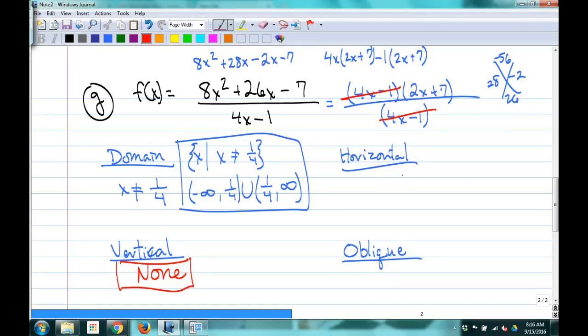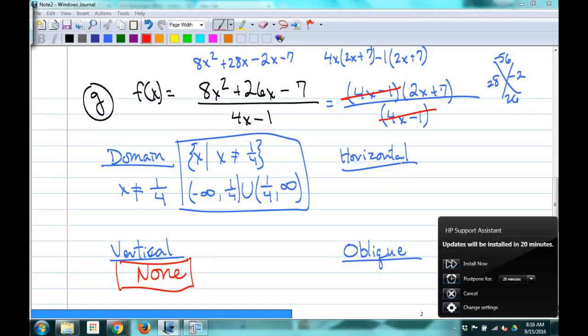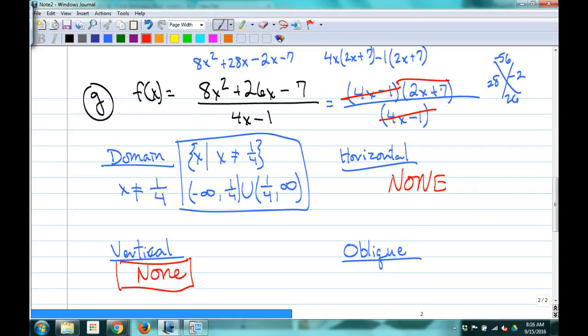What would the oblique be? Right, so you could do long division to get it, or look at what's left over. That's what you're going to get when you do the long division for that one. It is y equals 2x plus 7.